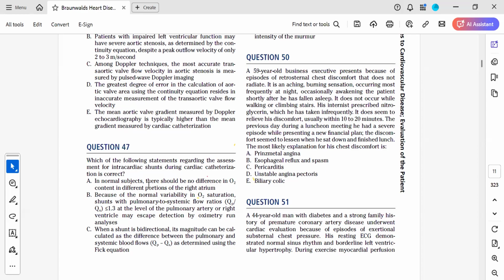Especially considering that the shunt is bidirectional, it's not going to give you accurate measurements. So this use of Fick's equation in this option is false.